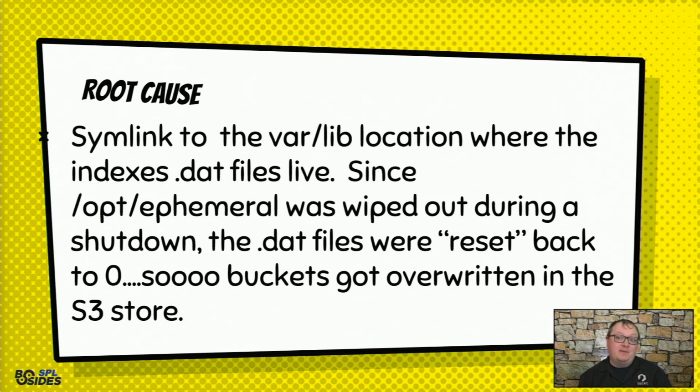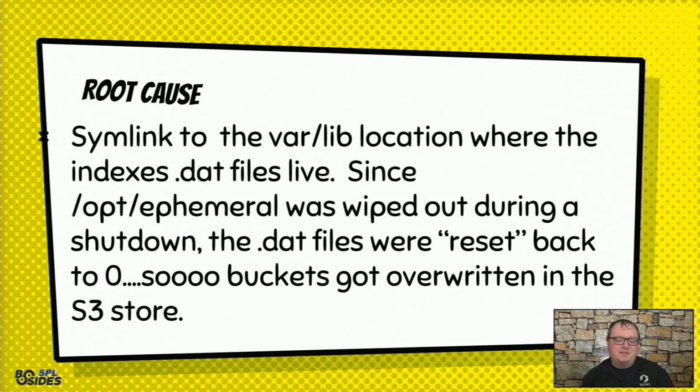What was happening is we were having to reboot indexers because Amazon says there's an issue with them, they need to go in maintenance, please shut them down and start up a new one. Everything's fine except ephemeral gets wiped out, and when it does, the .dat files got wiped out because we had that symlink there.